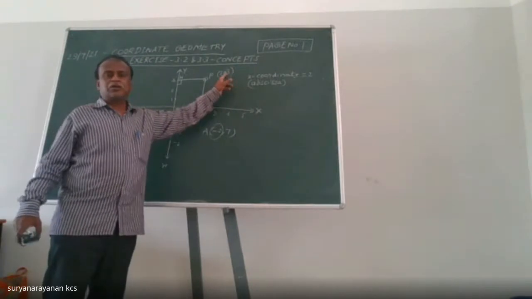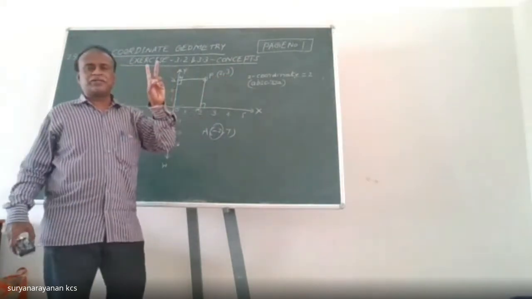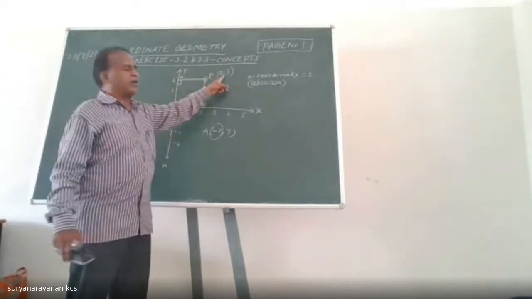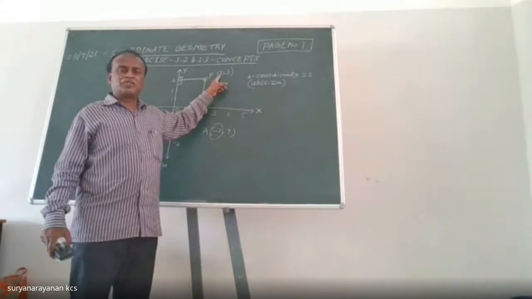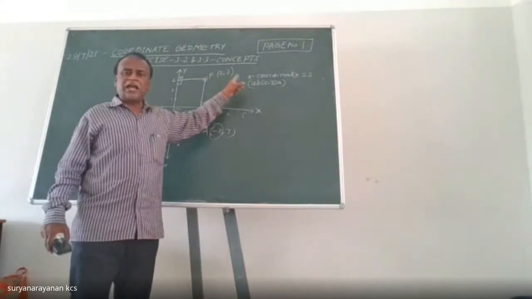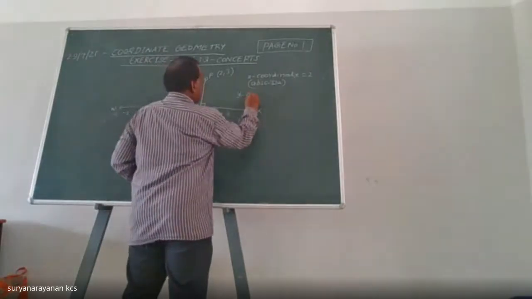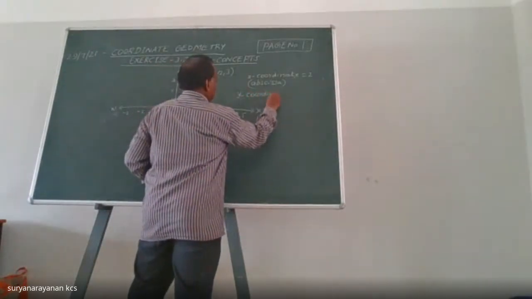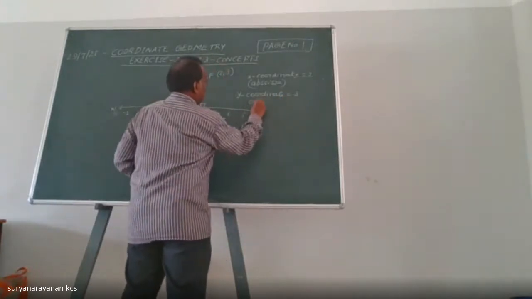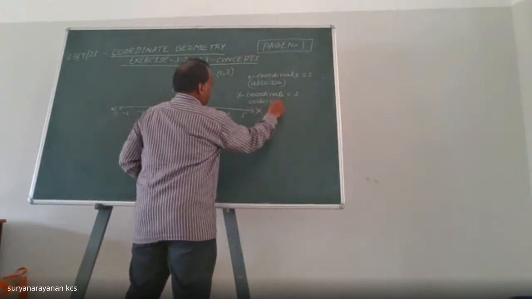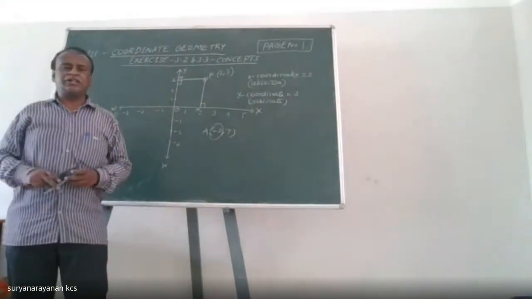Now come to the second number. In these small brackets, we have written two numbers and they are separated by a comma. The first number is called x coordinate or abscissa, and the second number is called y coordinate.